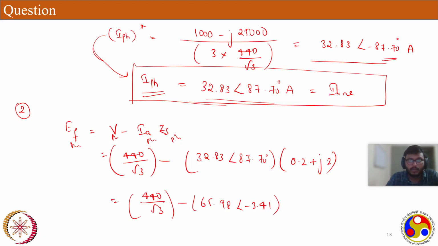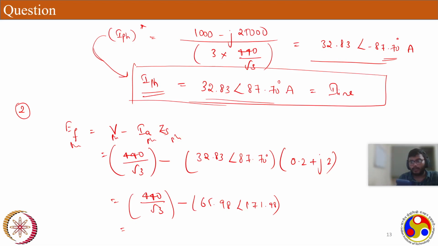Okay, sorry, so it's wrong. 32.83 at an angle 87.7 multiplied by 0.2 plus 2j gives 65.98 at an angle of 171.98. Now we have to subtract it from the 440 by root 3.